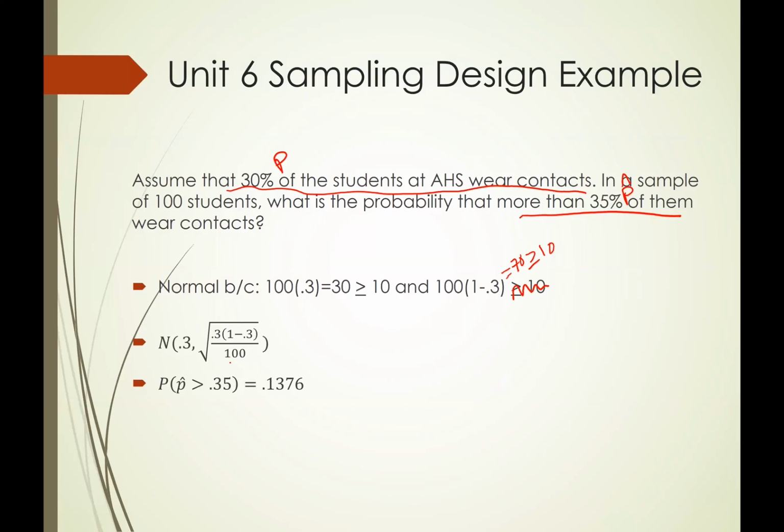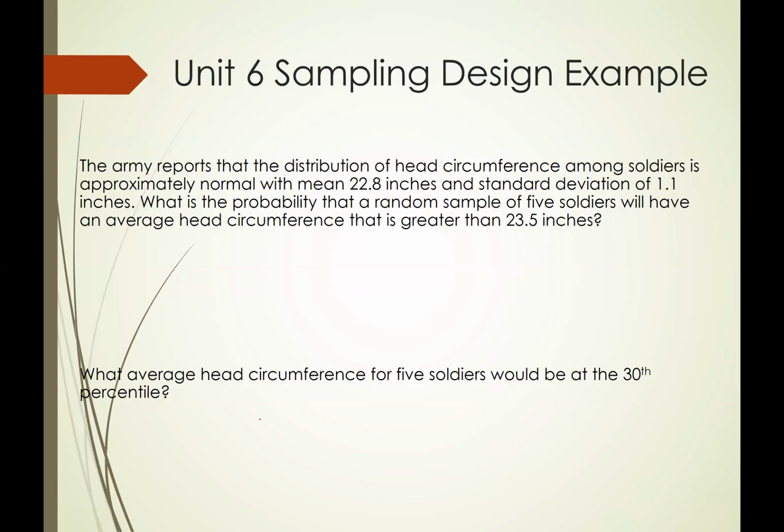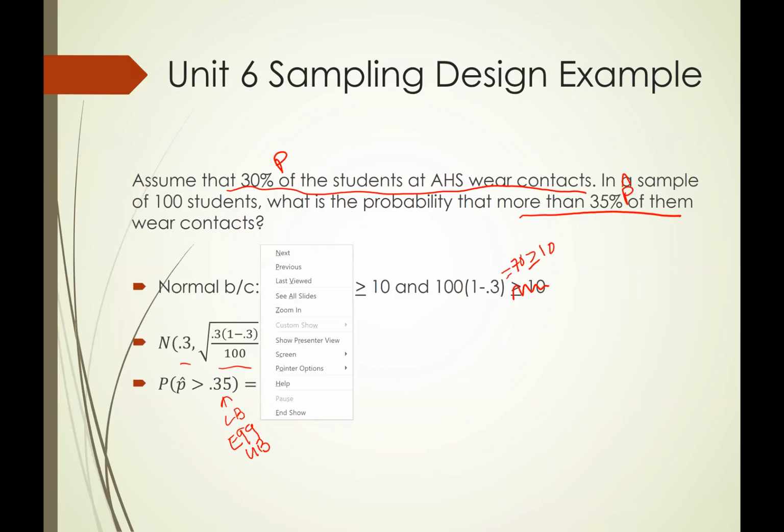And then we want the probability that p hat is greater than 0.35. So that's going to be my lower bound. E99 is going to be my upper bound. This is going to be my mean and my standard deviation. And when you type that in, you should get 0.1376.